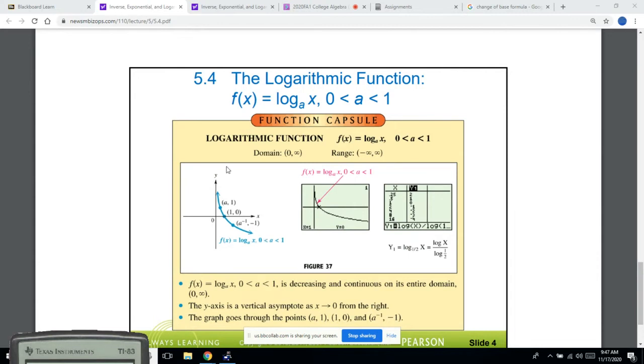As you read this graph from left to right, notice that it descends. It's decreasing. It should pass through the point (a, 1), where again, a is your base. It should also pass through this point, (a inverse, negative 1).